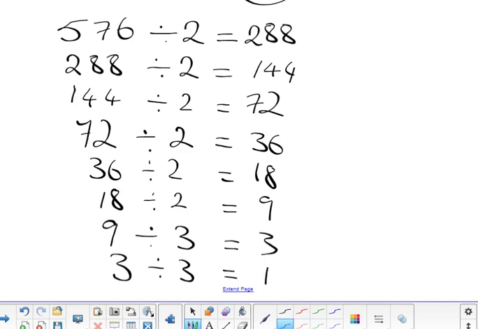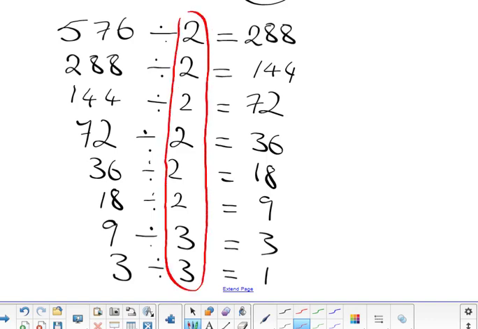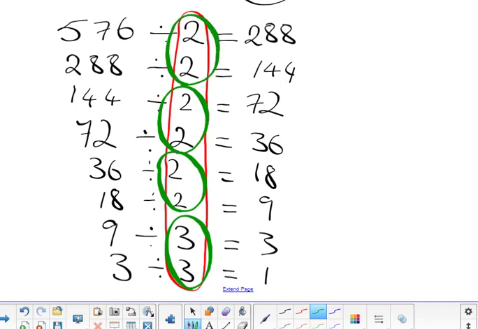Now, look at this. These are all our prime factors. Let's take them off in groups of 2. We've got a group of 2 3s. We've got a group of 2 2s there, another group of 2 2s, and another group of 2 2s.